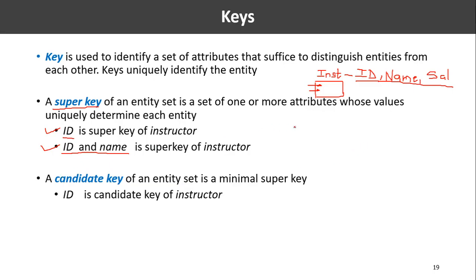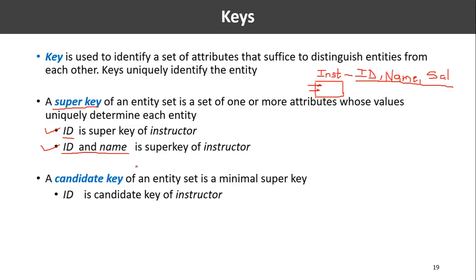Having all those super keys, what I am going to do next is find a super key for which I do not have a proper subset that is also a super key. I'll repeat: I am going to find a super key such that no proper subset of that super key is also a super key.